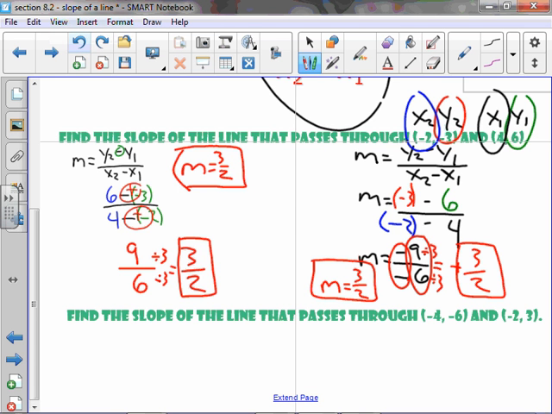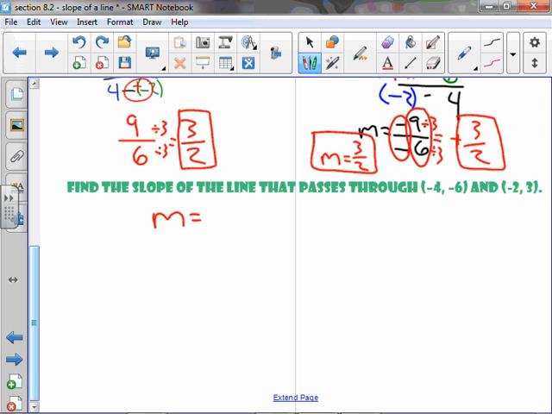So let's do this one more time. We're going to start with m equals y2 minus y1 over x2 minus x1. And I am just going to randomly pick the first point to be x1, y1, and the second point to be x2, y2. And now I'm just going to plug in my numbers.